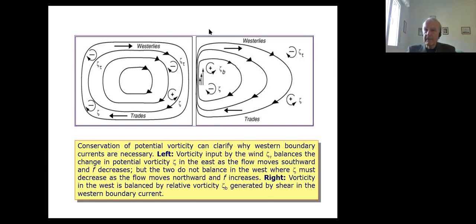Therefore, somehow this negative vorticity input has to be compensated by the horizontal changes of the current speed, the shear. And this is this thing here. Here is the strong change of the shear, positive shear, positive relative vorticity, which will compensate for this, and then the particle can go northward.